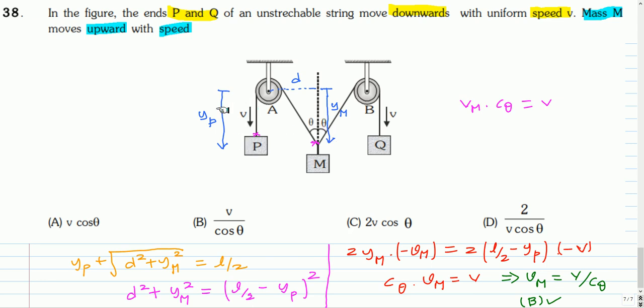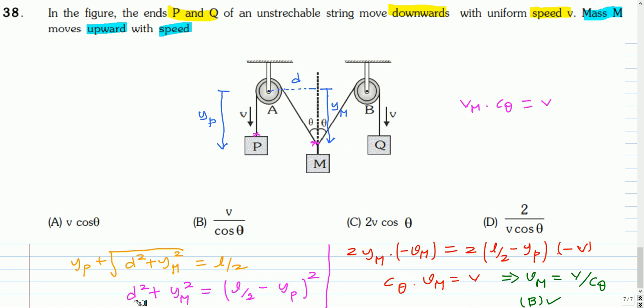So let the position of this block m be at a distance ym from this point, and the position of block P be at a distance yp. So the length of this half string, L by 2, is yp plus this length. This length is the square root of d square plus ym square.